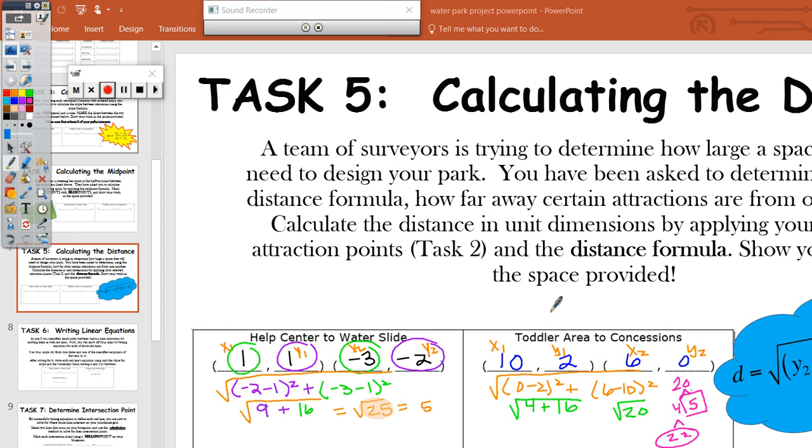So I'm going to break down 20 into its prime factorization, which is 4 times 5, and then 4 is 2 times 2, and I can't go any further. I've got my pairs. My pairs go on the outside, and my single number goes on the inside. The reason why this number goes on the outside is because 2 times 2 is 4, and the square root of 4 is 2. So if we can do this, we would like to write it as a simplified radical.